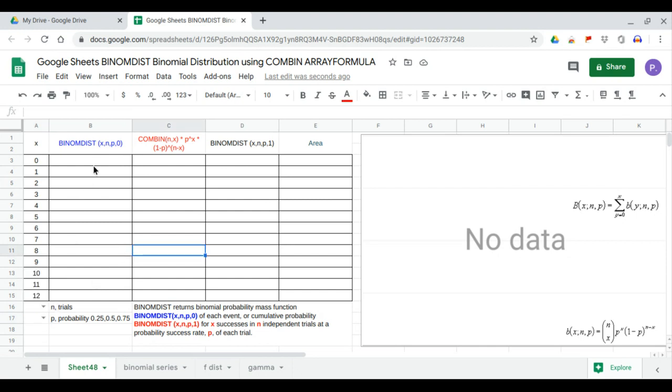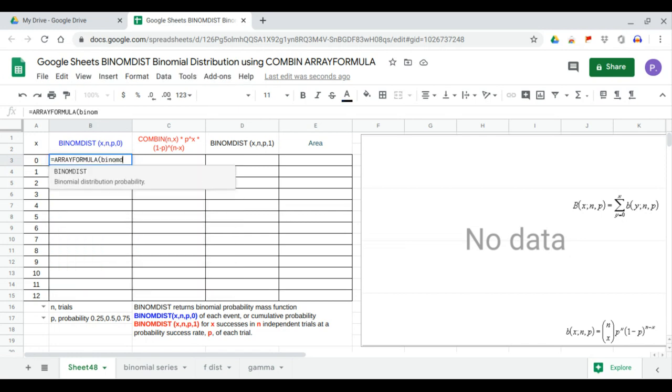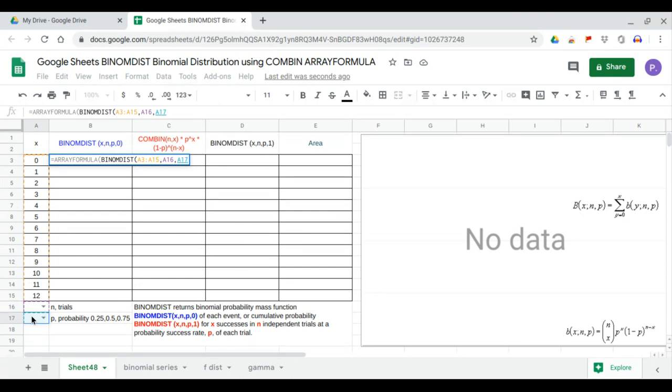And we generate the binomial probability mass function, which is equal to the array formula BINOMDIST of the x values, of n independent trials, at a p success rate, 0, because this is the probability mass function.